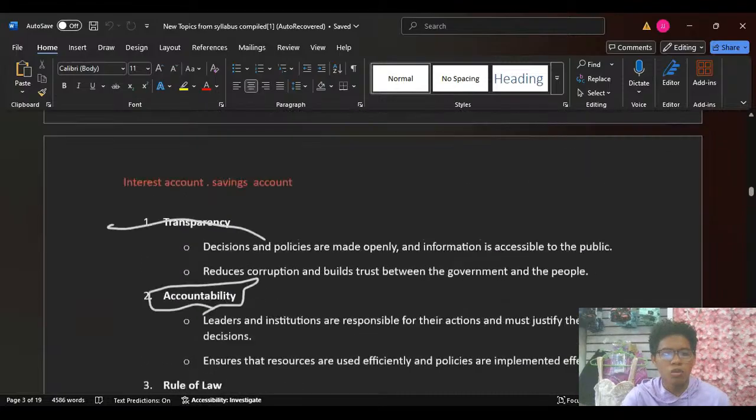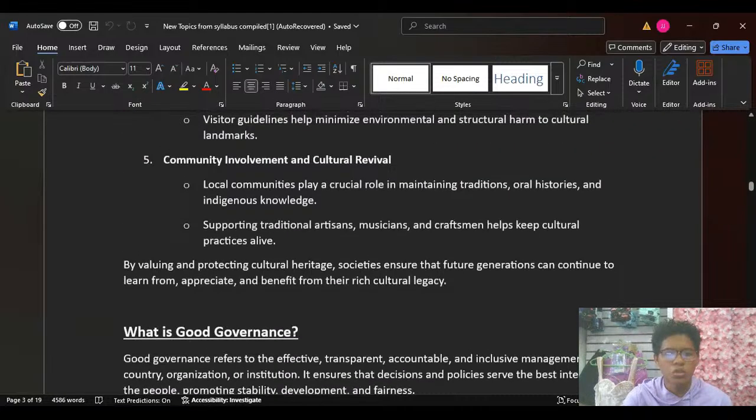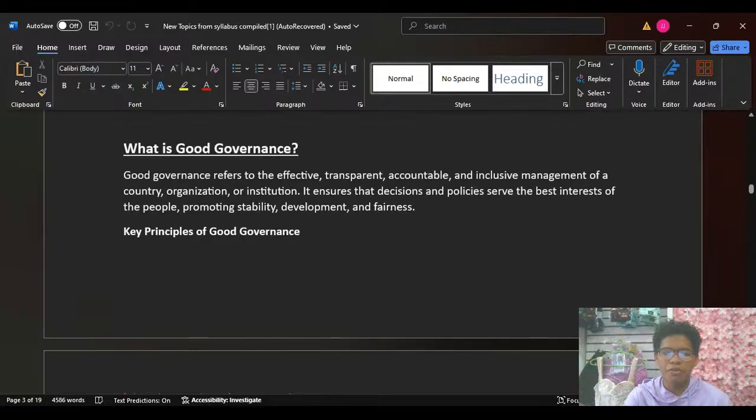We want good governance. So what is good governance? The definition here: good governance refers to effective, transparent, accountable, and inclusive management of a country, organization, or institution. When I'm reading this, it's very funny, because if you look at almost every economy in the world, I wouldn't say every economy is perfect, but usually we won't find good governance around the world, generally.